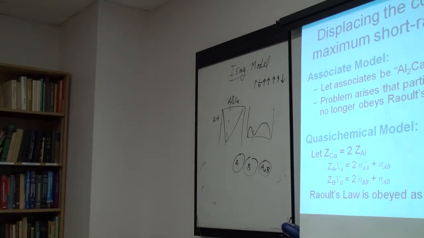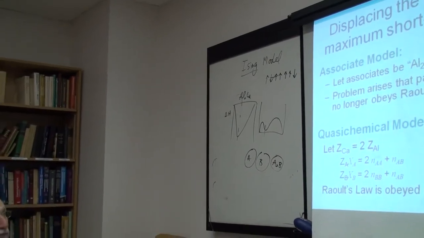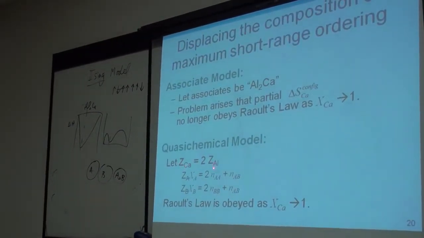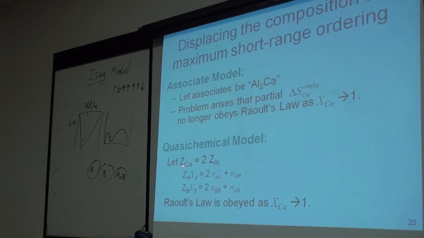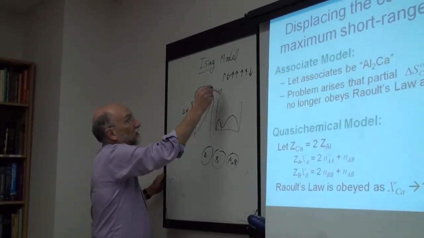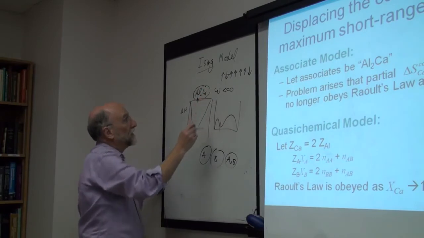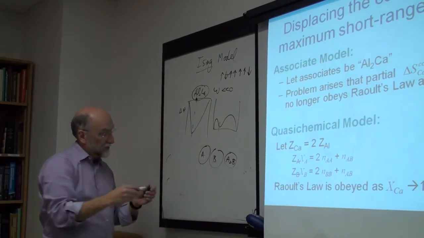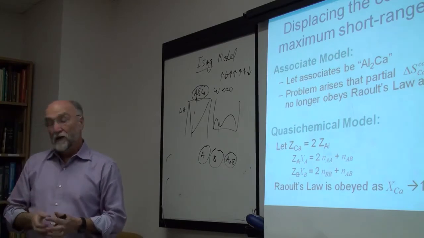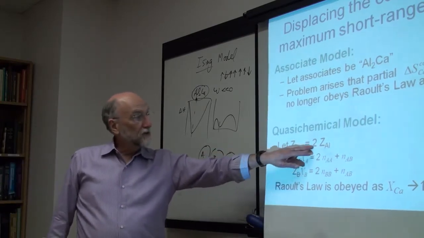In the quasi-chemical model, how do we go about it? We change the coordination number. We let the coordination number of calcium be twice the coordination number of aluminum, and we assume for the moment that these are constant with composition across the whole system. So if you're at the composition Al2Ca, and omega is very negative, you'll have a lattice in which the aluminums are surrounded by calcium and the calciums are surrounded by aluminums, and the coordination number of calcium is twice that of aluminum.